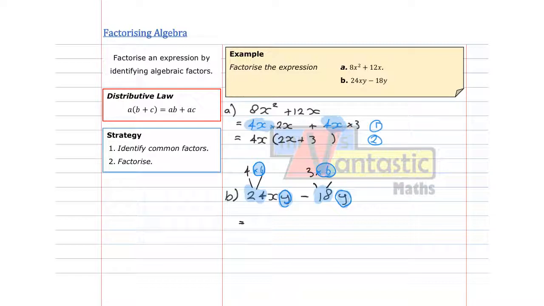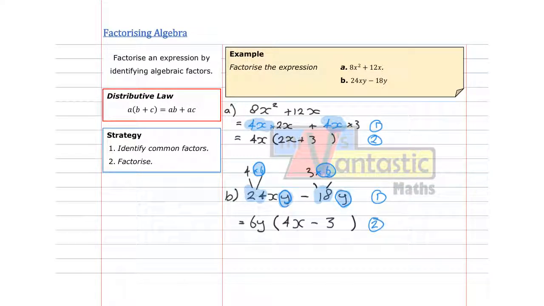So when we factorize, we're going to have 6y in front, bracket, and the leftovers are 4x for the first term, minus, and we just have a 3 for the second term.